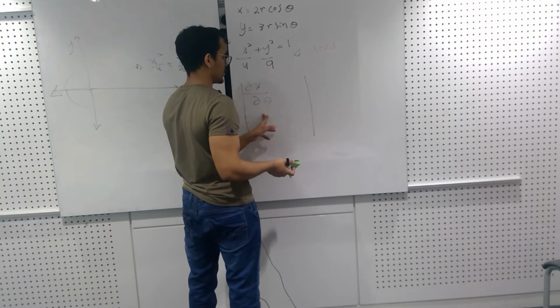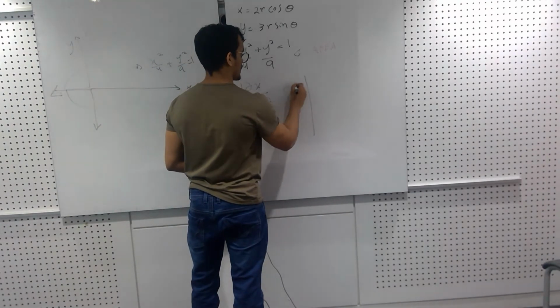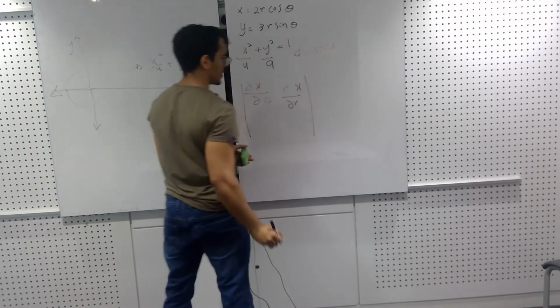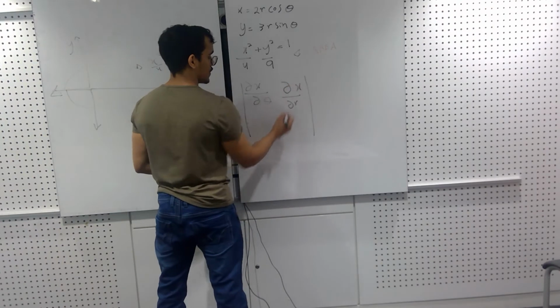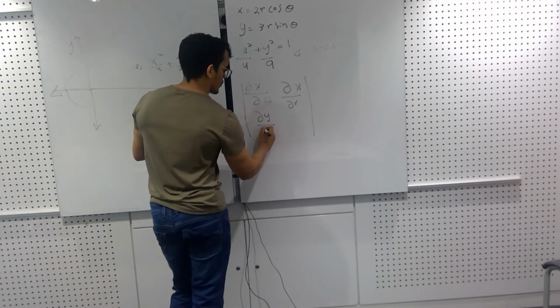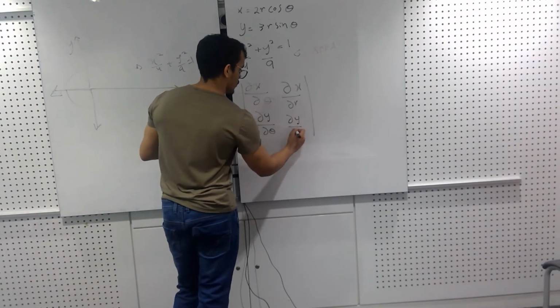So you differentiate the first thing with respect to theta, and again the first thing with respect to r. Then you differentiate the second variable with respect to theta, and then with respect to r.